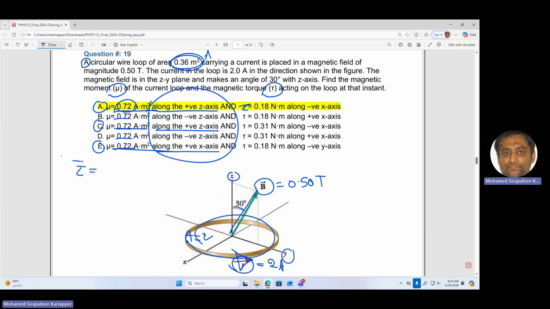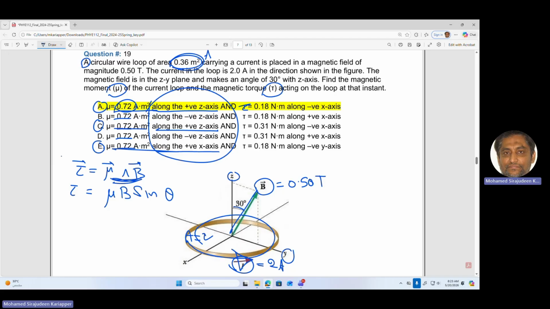Yeah, it's the vector product of magnetic moment, vector product, not normal product, with magnetic field. This is how you get the torque. So magnitude will be magnitude of mu, magnitude of B, sine of the angle between the vector mu and vector B. That's how you get the vector product.